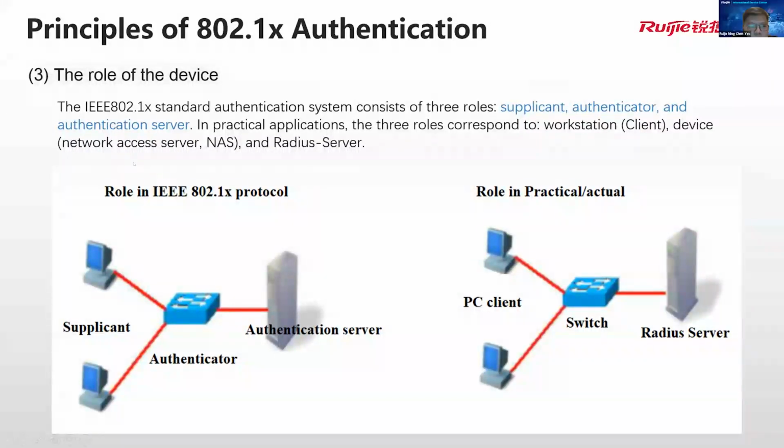In this diagram, you can see the supplicant usually will be your end device or your endpoint, and then the authenticator will normally be your switch or your AP. Then this authenticator will contact our authentication server to get all the AAA: authentication, accounting, and authorization.